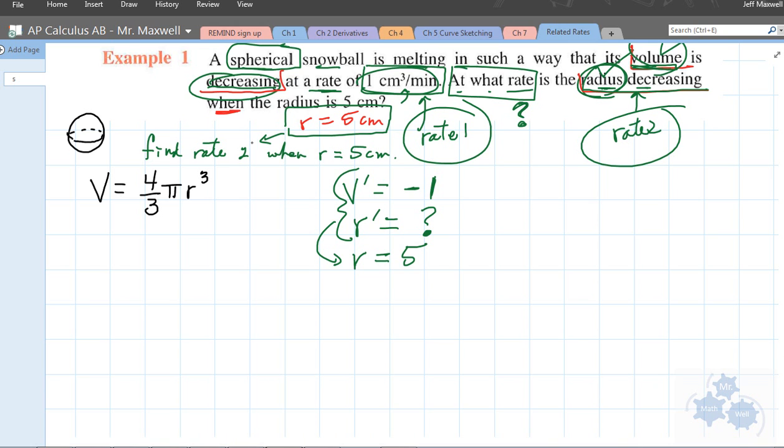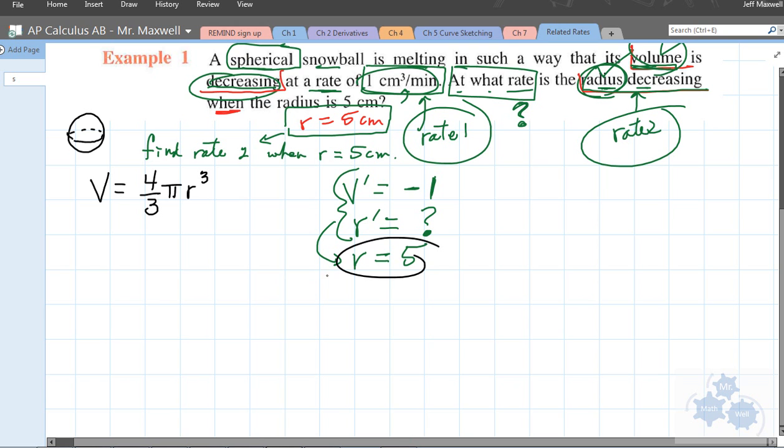The most common mistake that students make is this. They plug r in here, they find V, and they're done. You cannot do that. This is not what this question is asking. You may not do that. And why is that? Well, I'm not interested in what the volume is when the radius is 5. I'm interested in what is the rate of change of the radius as the volume is decreasing by this amount, at the point where the radius has decreased to exactly 5.